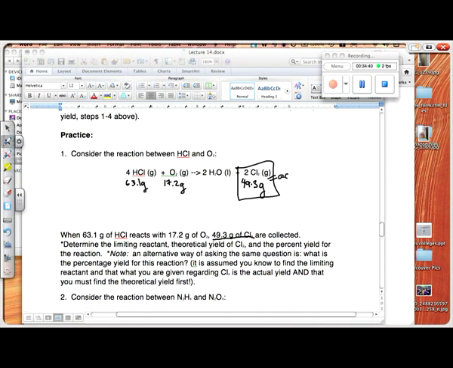And you will not use that till the end. One thing I did not mention above is percentage yields are about products, about making products. Okay, so if you were given an amount of a product, then that means you've been given the actual yield. And they're asking you here to determine the percentage yield after you found the limiting reactant and the theoretical.